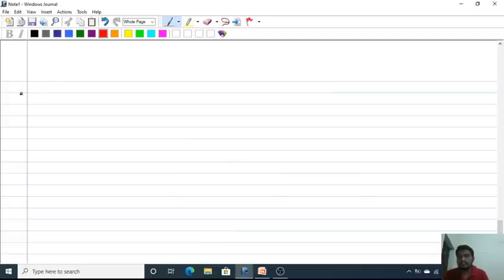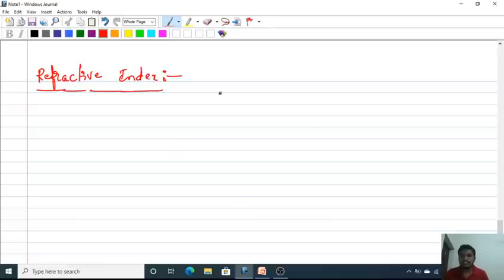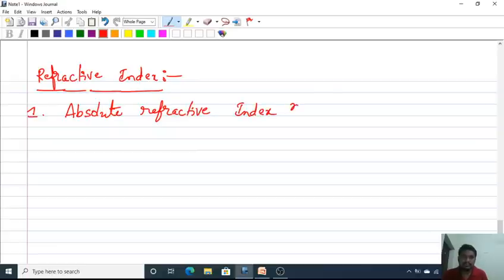The next one: how can you define refractive index? Actually, it is the characteristic property of the medium. First I will discuss the absolute refractive index, represented with n.